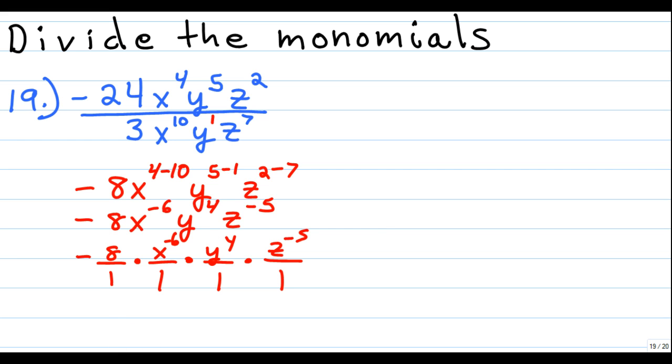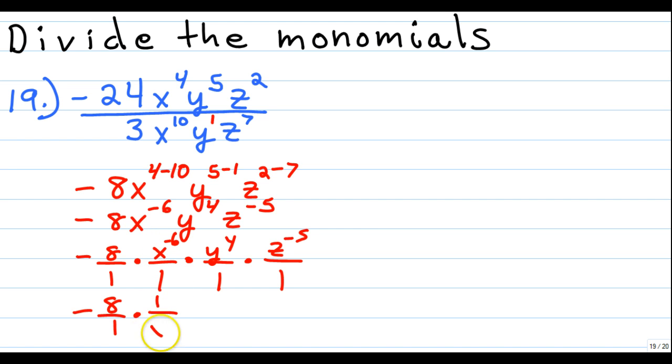But now that they're pulled apart and separate, I can come in and take the reciprocals of the variables that have the negatives to clear those negatives. So I'll leave the negative 8 over 1 just as it is, but I'll take the reciprocal of the x to the negative 6th over 1.